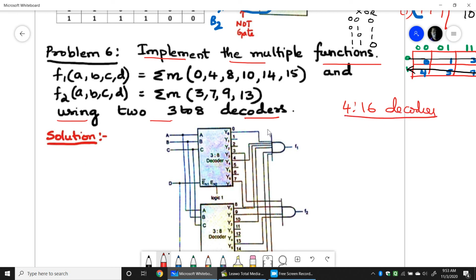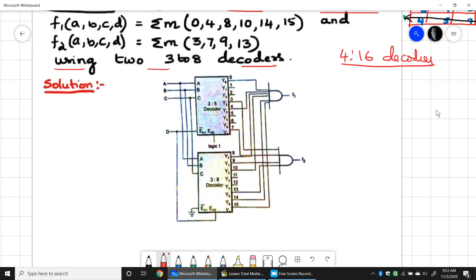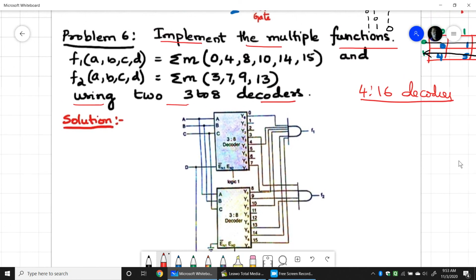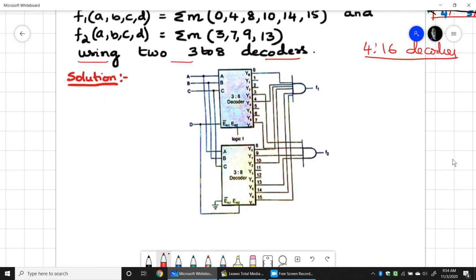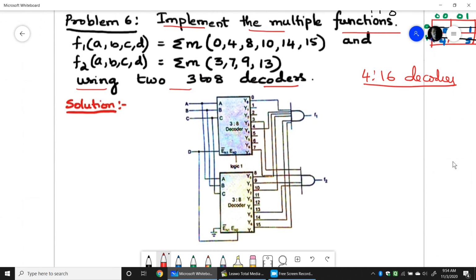So how do we get a 4:16 using two 3:8? I think earlier we have seen how to create a 4:16 using two 3:8 decoders. Just short the inputs of both the decoders and then try to take the enable pins.